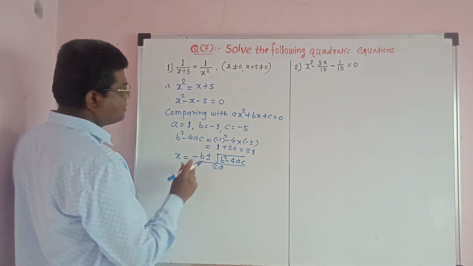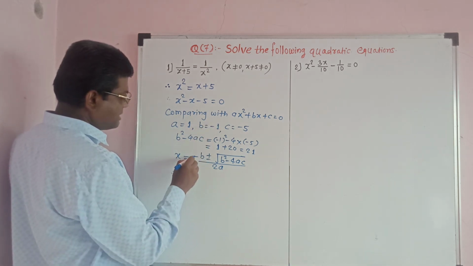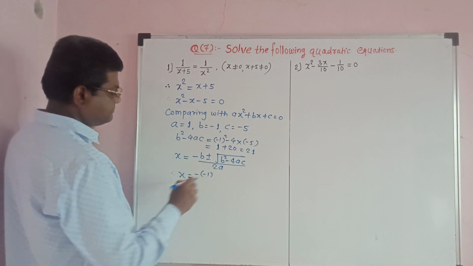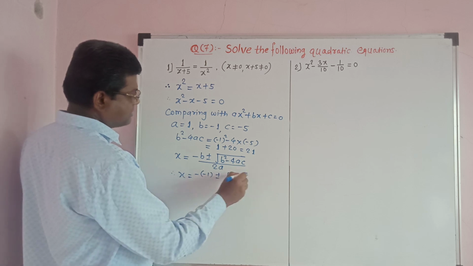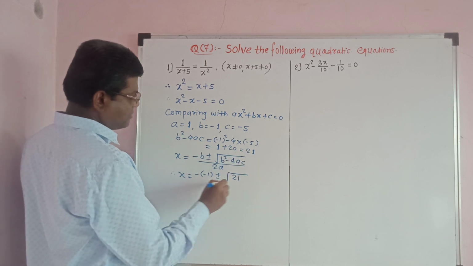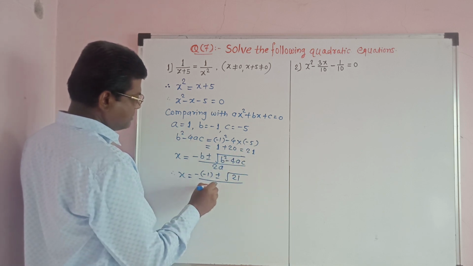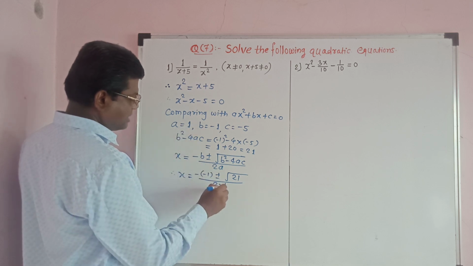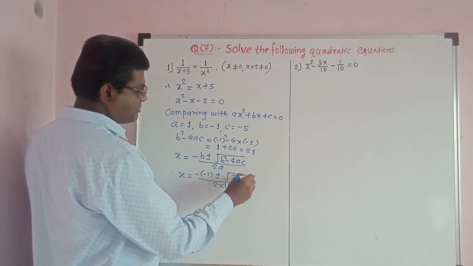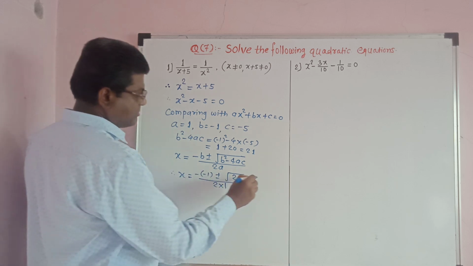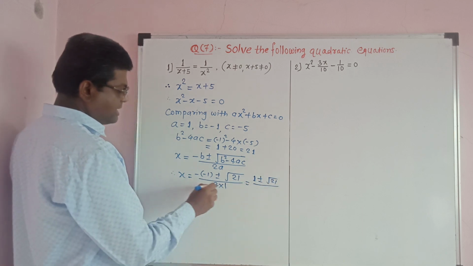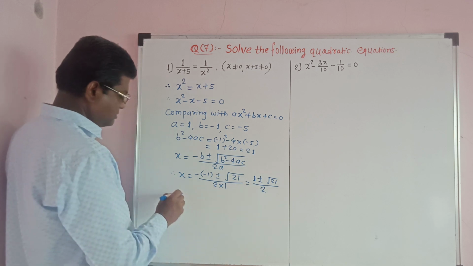Therefore, x is equal to value of b is minus 1, this minus in bracket minus 1 plus minus square root value of b square minus 4ac is 21, divided by 2 into value of a is 1. So that equals minus minus will be plus 1 plus minus square root of 21 divided by 2 into 1 is 2.